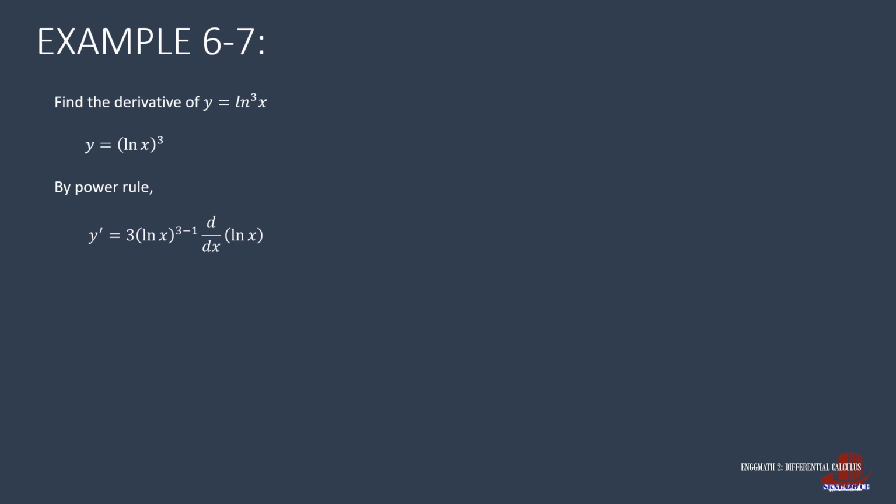Again, u is x and u prime is 1. So, y prime is solved as 3 times the square of ln of x multiplied by 1 all over x, or that is 3 times the square of ln of x all over x.